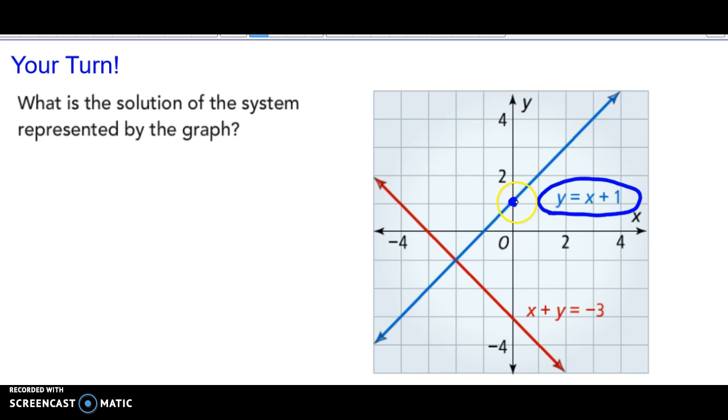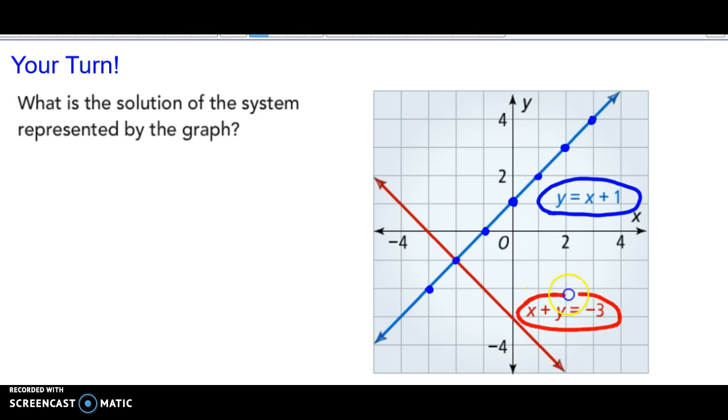So if my slope is 1, I'm going to rise 1, run 1, rise 1, run 1, rise 1, run 1. Or I could also, from my y-intercept, go down 1, left 1, down 1, left 1, down 1, left 1, because a negative rise and a negative run simplifies to a positive slope, and I see that my line is sloping up from left to right.